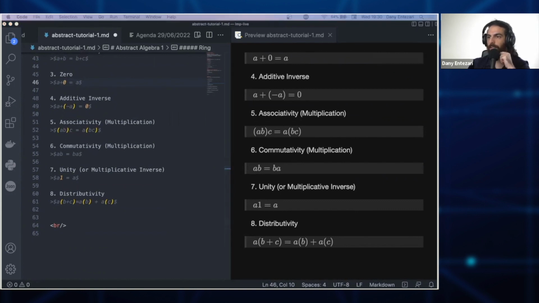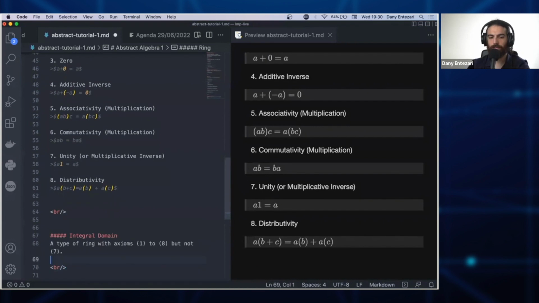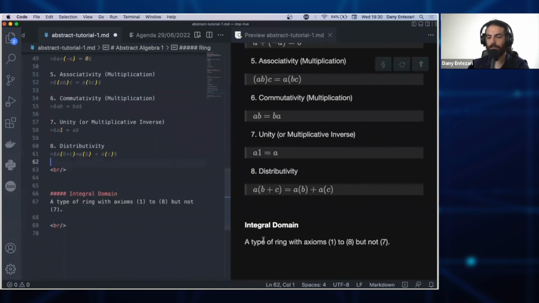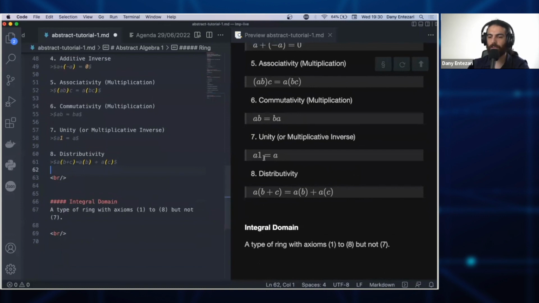Then there is a special type of ring called the integral domain. This is a type of ring, a set, of course, with axioms 1 to 8, but not 7. So unity does not apply to an integral domain.